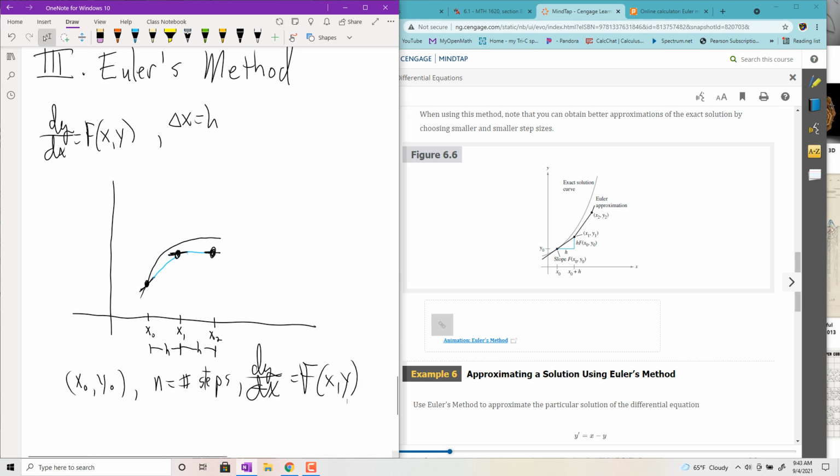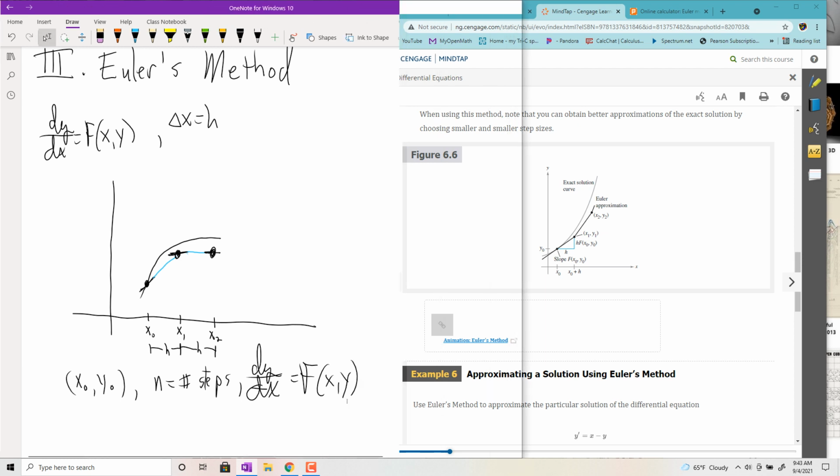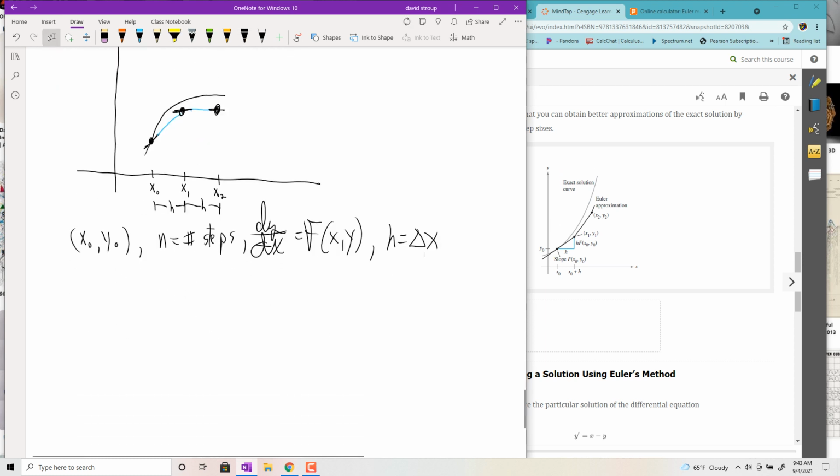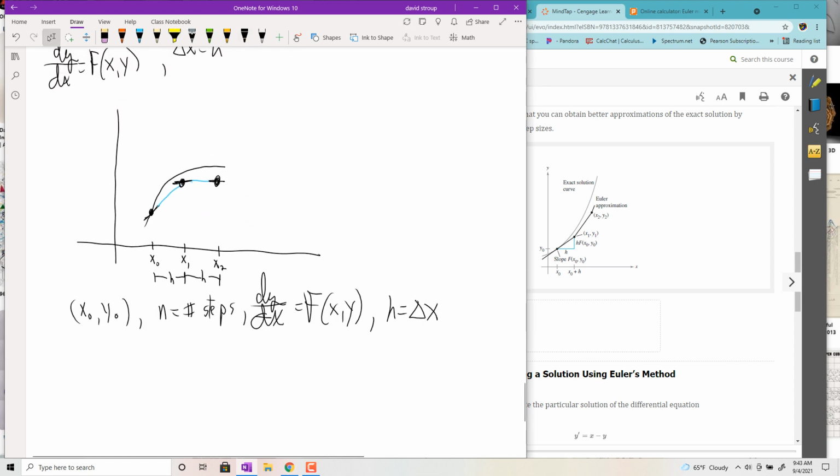They'll tell you your change in x. So you'll have some h, or change in x if you want. And then the formula for generating the next y value. So the x values formula is just the previous x plus the h value.